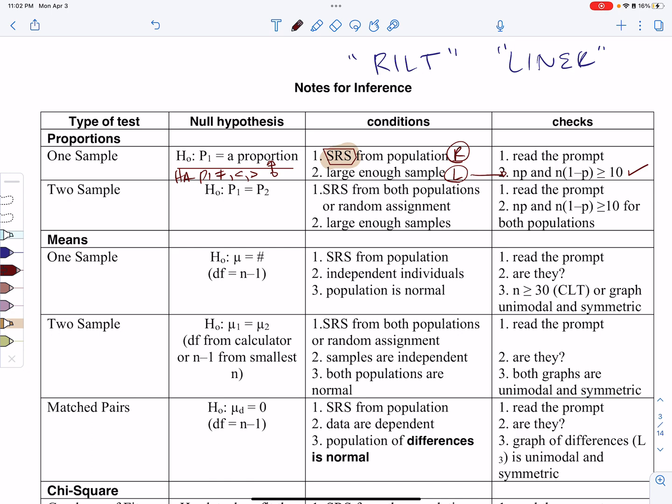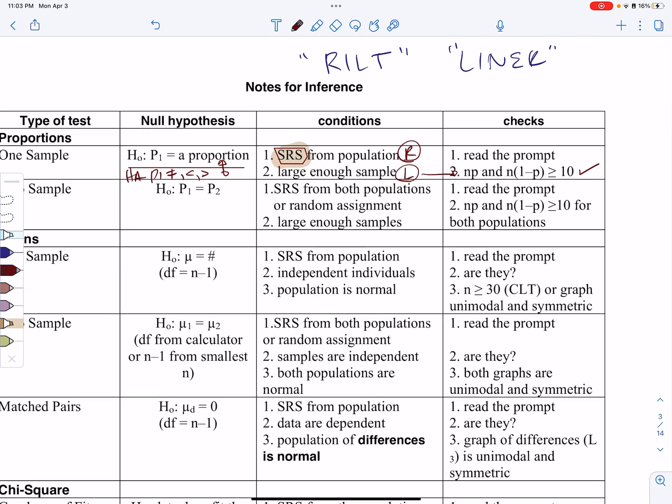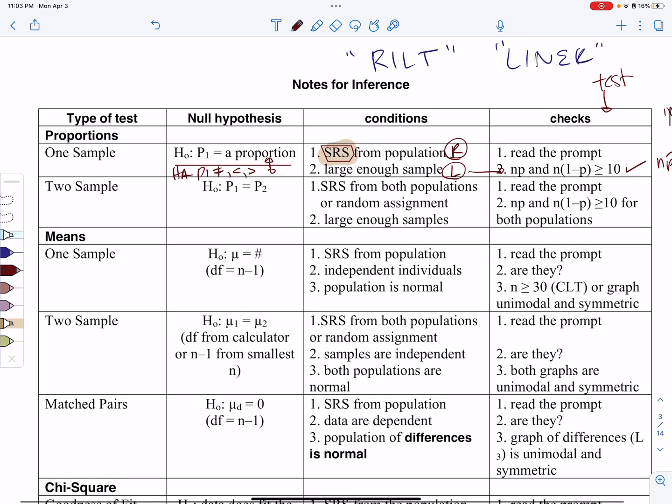So this is for my test. The interval is a little different because you have to do NP hat, NQ hat greater than or equal to 10. So the interval you have, and this is already included in your calculator for all your notes, but just remember that.